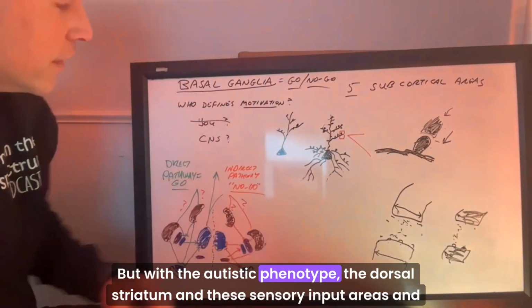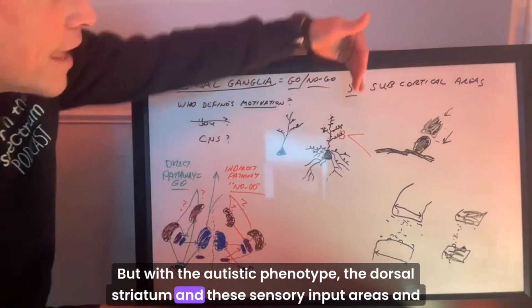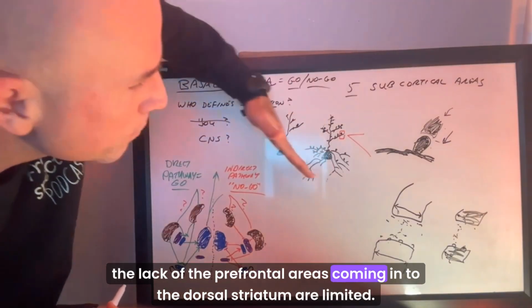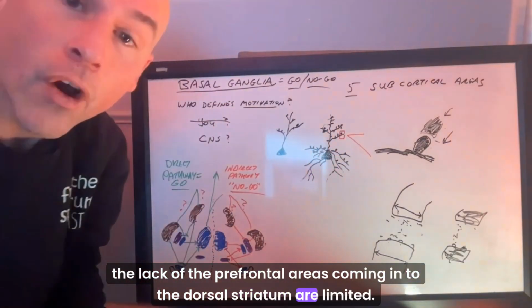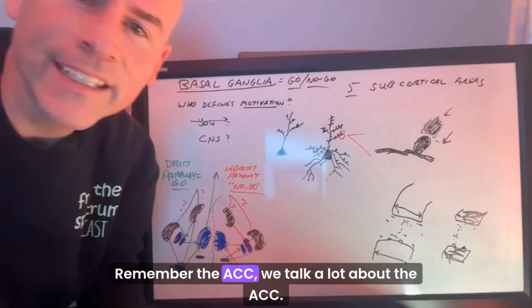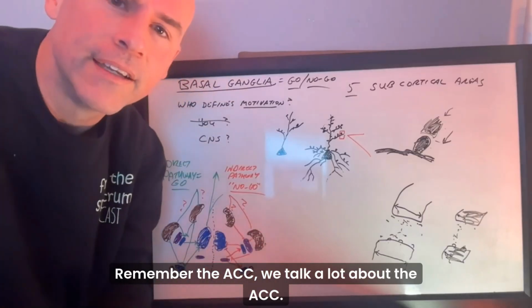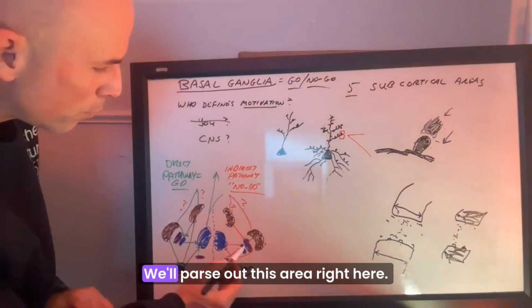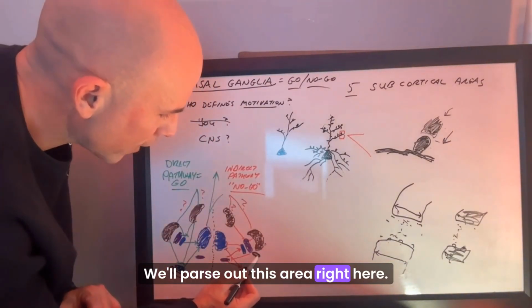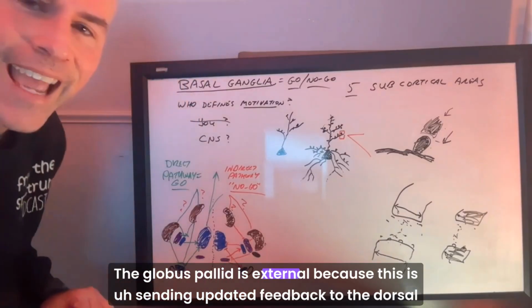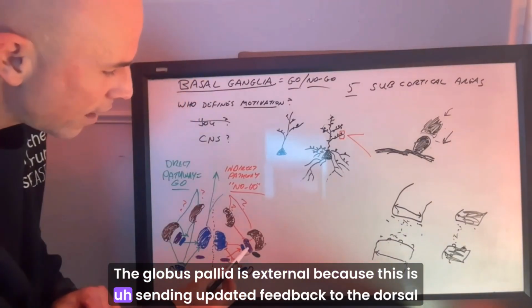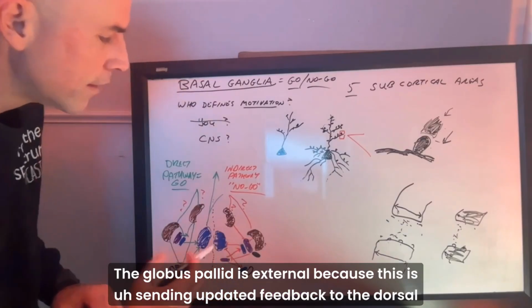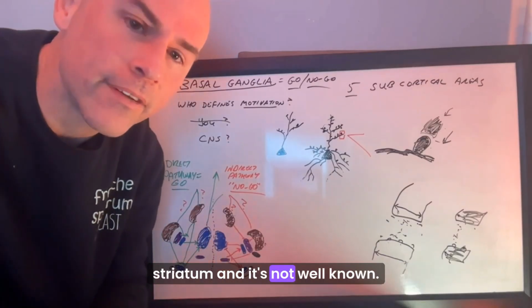But with the autistic phenotype, the dorsal striatum and these sensory input areas and the prefrontal areas coming into the dorsal striatum are limited. Remember the ACC. We talk a lot about the ACC. That's action selection. Next episode's about the basal ganglia. We'll parse out this area right here, the globus pallidus external, because this is sending updated feedback to the dorsal striatum, and it's not well known.